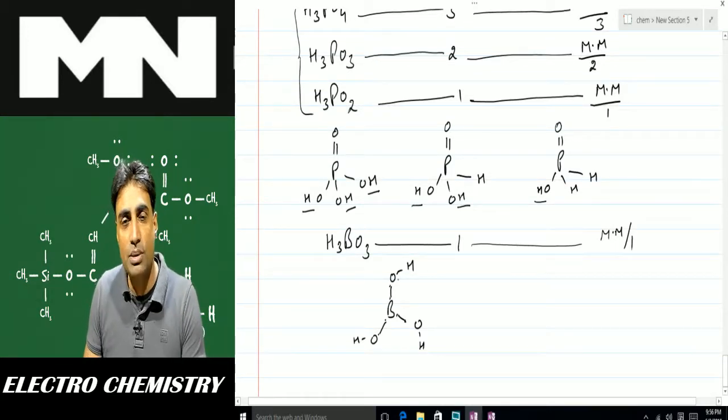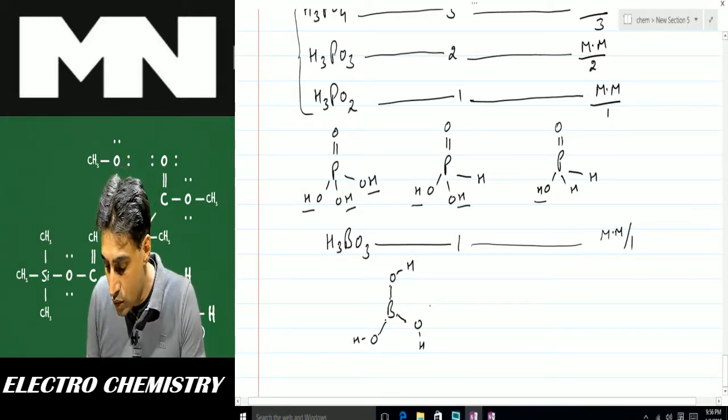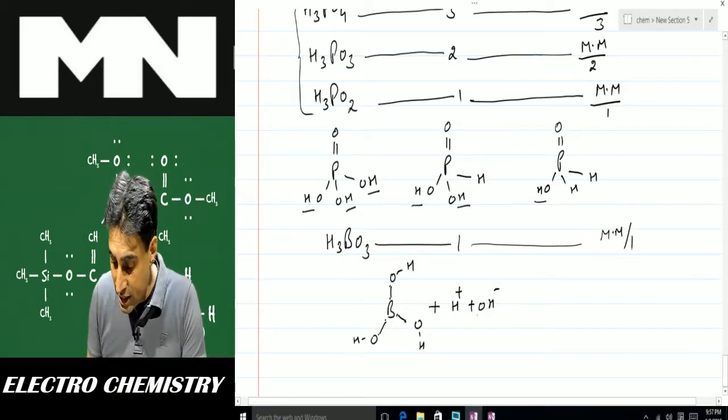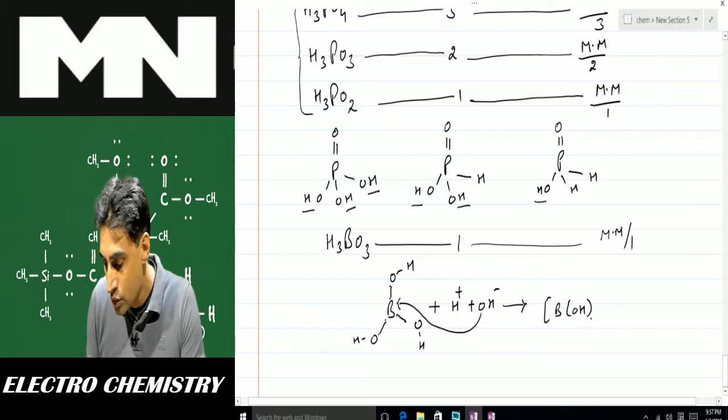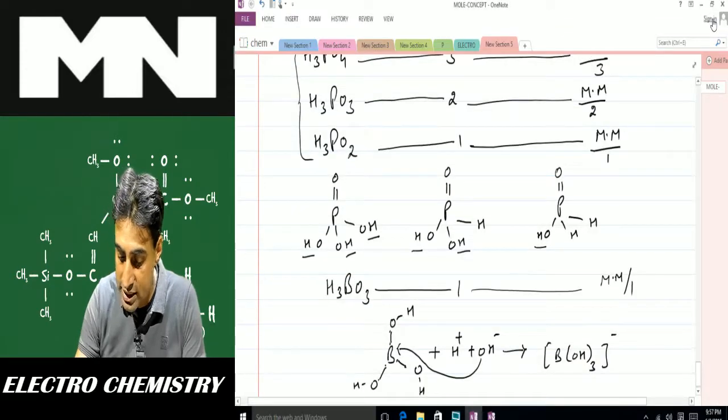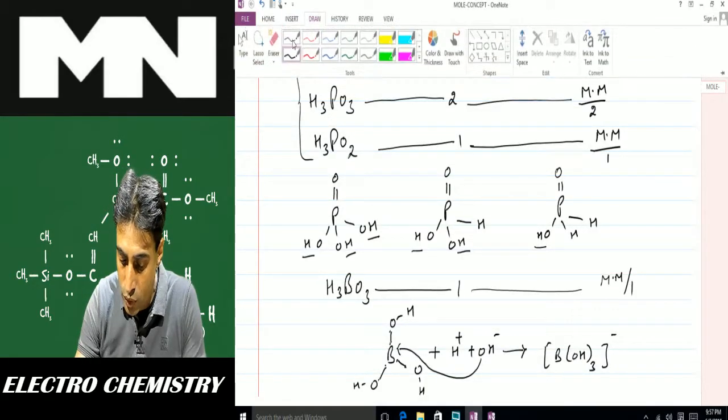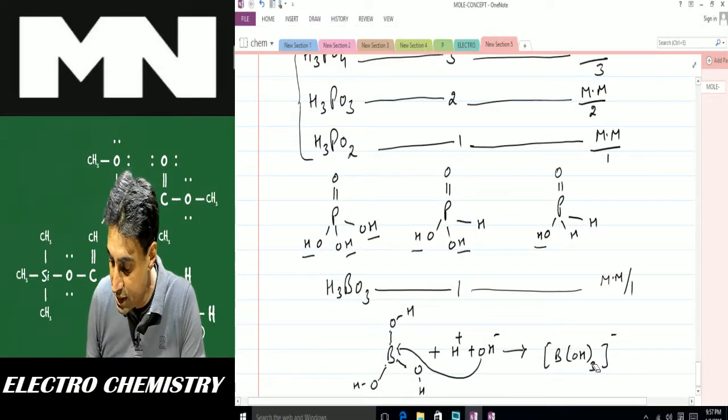When you dissolve this compound in water, it will break the water molecule into 2 parts, that is H positive and OH negative. It will gain a pair of electrons from oxygen, resulting in the formation of a compound like B(OH)3 single negative. I'm extremely sorry, it is not B(OH)3, it is actually B(OH)4, because 3 OH were already there.